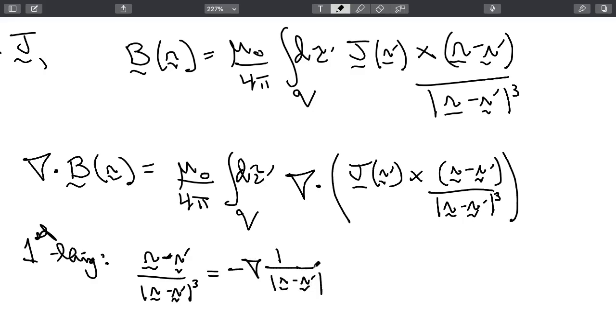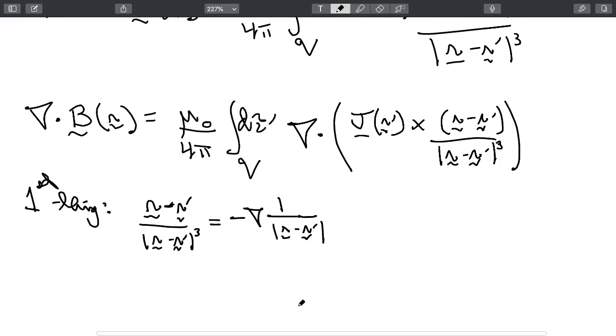You remember we saw that when we were discussing the scalar potential for electrostatics. It's just an identity. So I can rewrite this thing as just the gradient of this scalar function, 1 over distance.